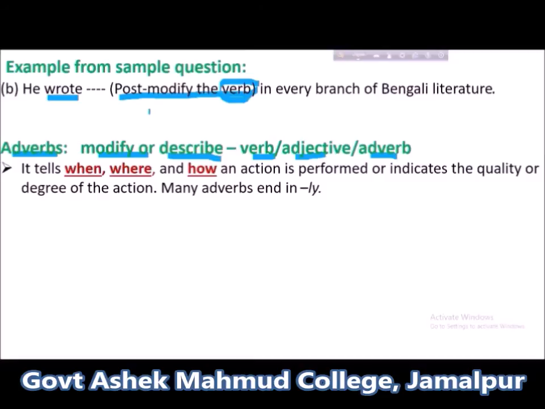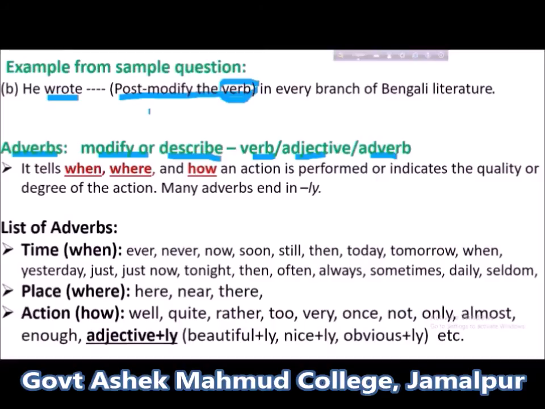To make it easier for you, let's see a list of adverbs that you may take some notes from, so that it will help you when you go for solving another question.